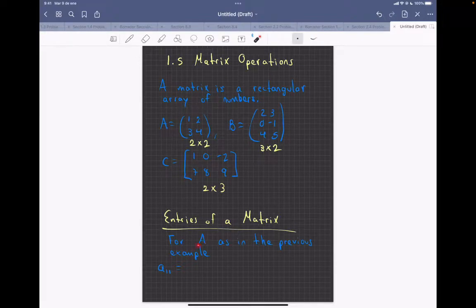So if my reference is this matrix A, A11 means the entry in row 1 and column 1, that is this one, 1. I can say also the entry A22 is the entry of this matrix A in row 2, column 2, that is 4. And so on.